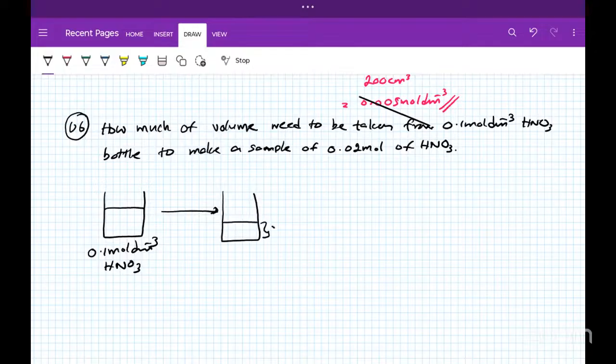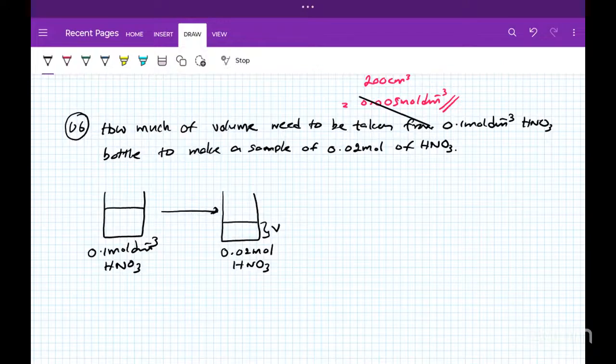I don't know the volume, but I know it should have 0.02 moles of HNO3. I need to find this V.